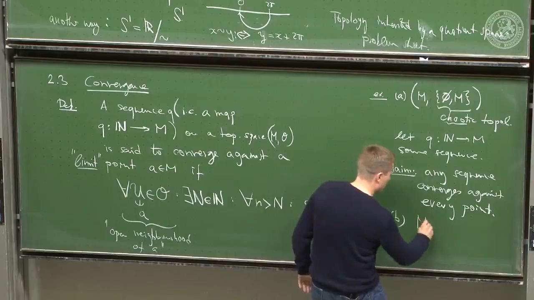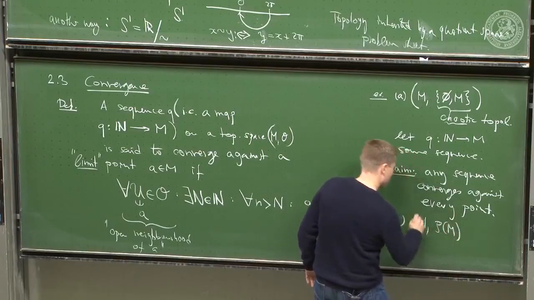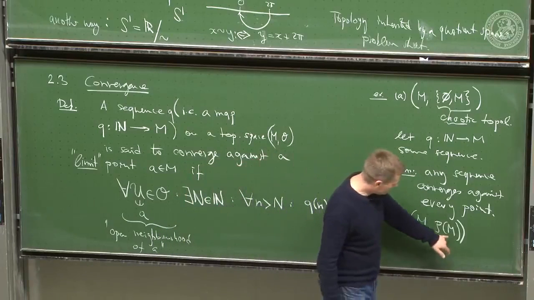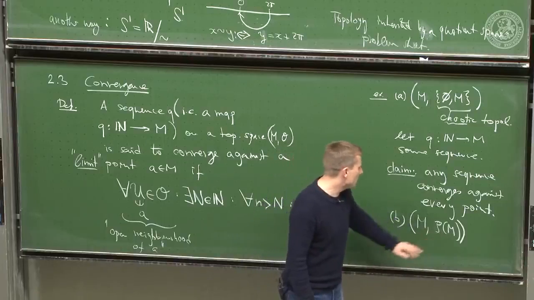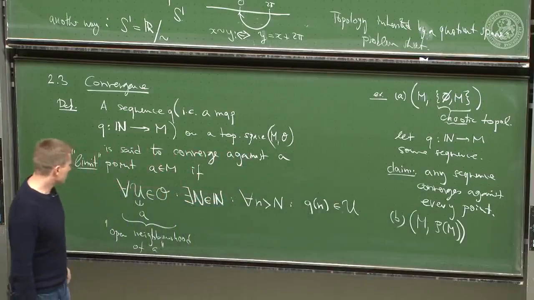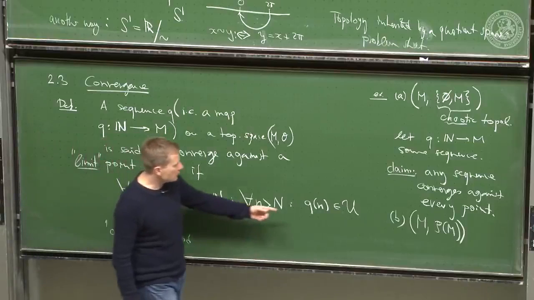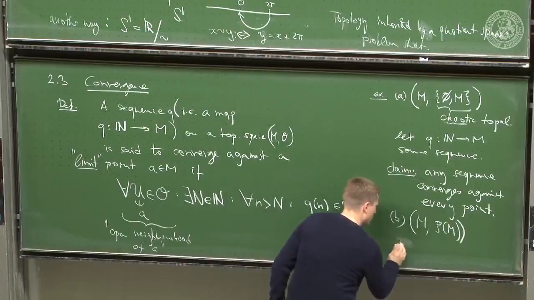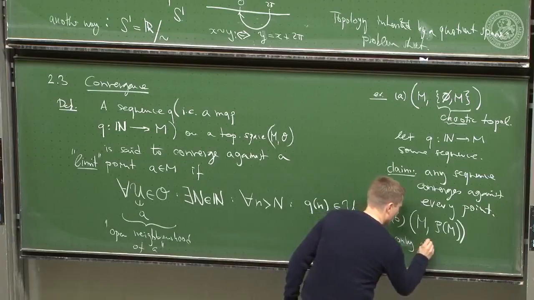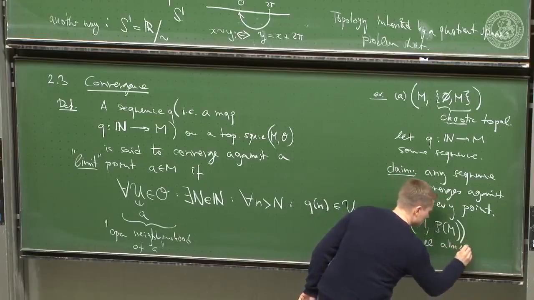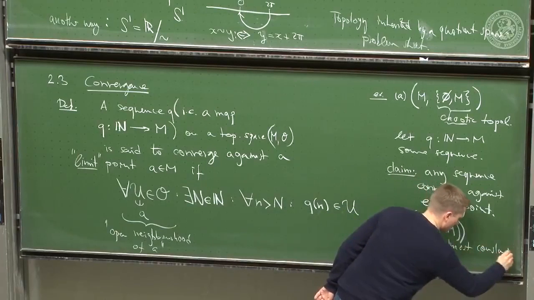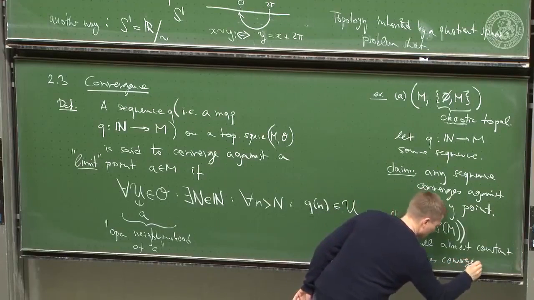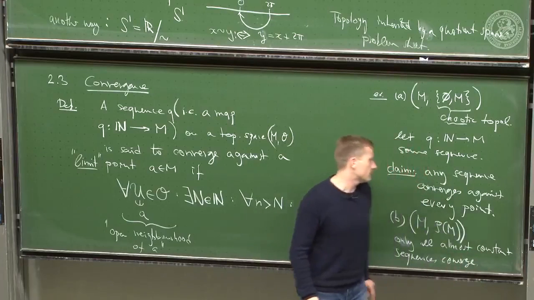Similarly, you could look at M and equip it with the discrete topology. What happens then? Every set is open, and unless the sequence finally is constant, only almost constant sequences converge, and they converge against the constant.